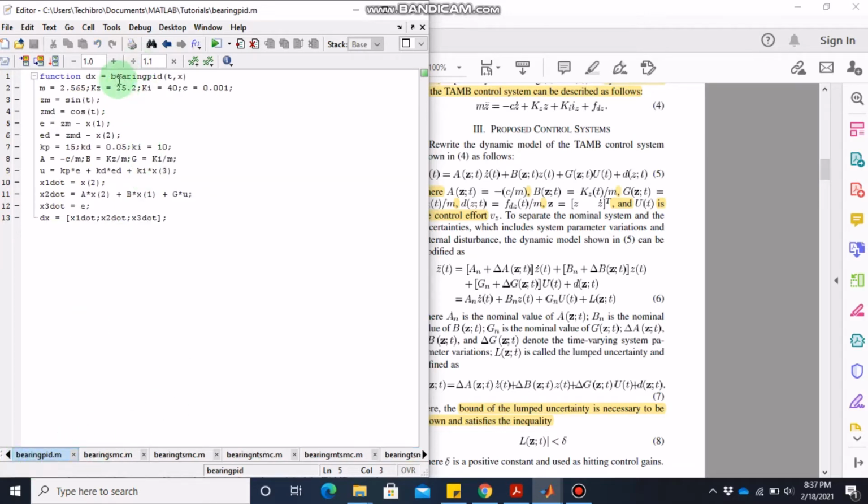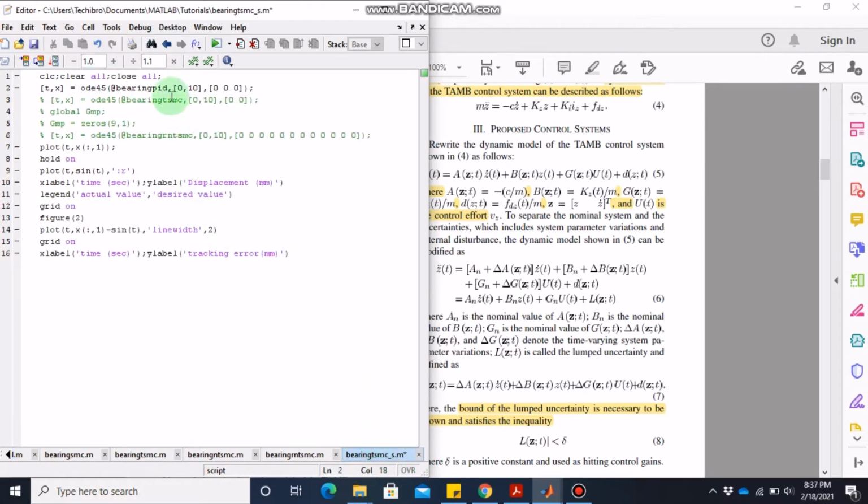So this is the bearing PID function name, which will be called by this file here. We will run it for 10 seconds and we'll start with zero initial conditions, and then we will plot the first state variable, which is z, versus sine t, which is the desirable value of z, and then we will also plot the difference between the two things, the z and its desirable value, which will be the tracking error.